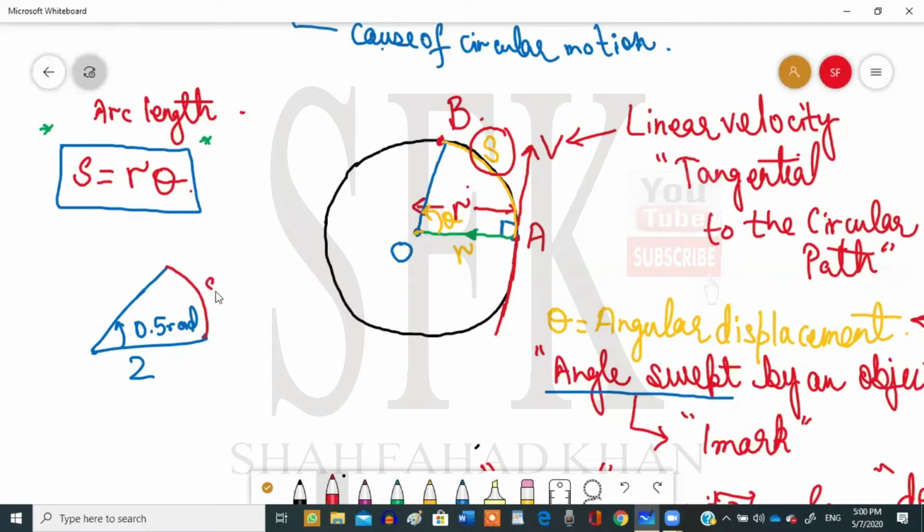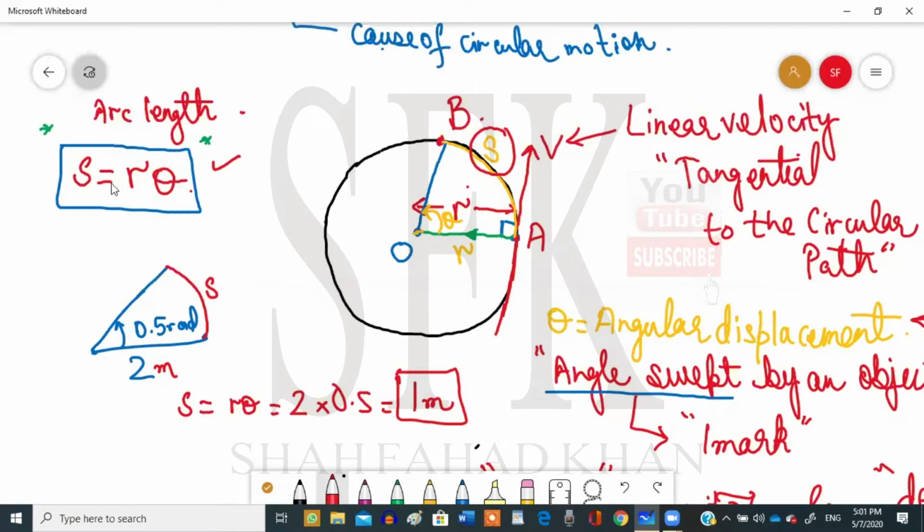By using this formula: S is equal to r theta, where r, the radius, is 2, multiplied by theta, which is 0.5 radians, and it will give you 1 meter. This is the arc length it covered if the radius is given in meters. If the radius was in centimeters, then this would have changed to centimeters. So this is the formula for calculating the arc length.